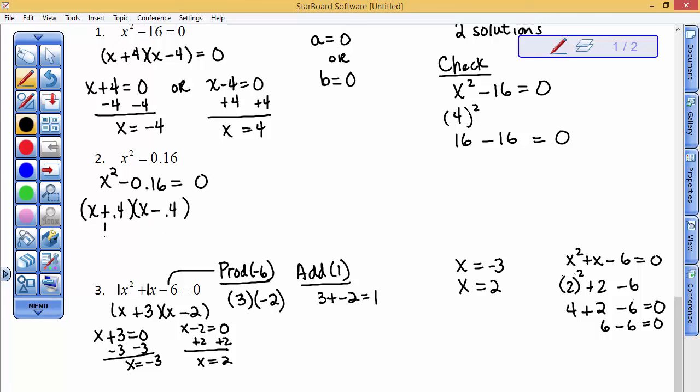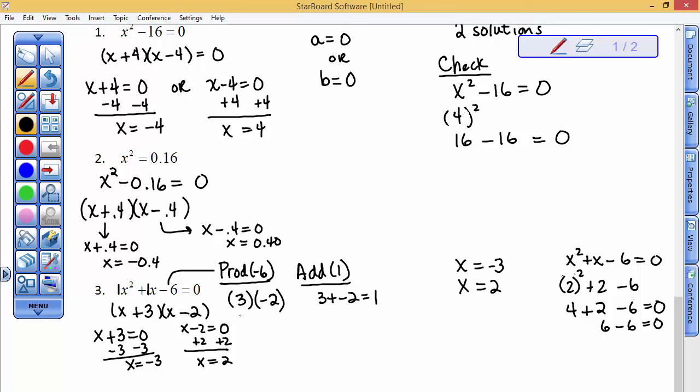I'm wondering if you could now, instead of showing the work, if x plus 0.4 equals 0, could you just say to me that x is equal to a negative 0.4? And if x minus 0.4 equals 0, could you just say to me x equals a positive 0.4 to be able to give me both of those answers?